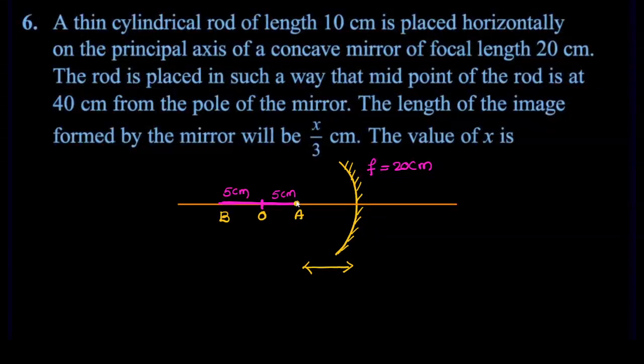Now for this A position, we'll find the A dash position. Okay, sir, I can do it. That's it, exactly a similar problem we did. Sir, I got confused by the midpoint. Yes. Fine. Yes, sir. Next.